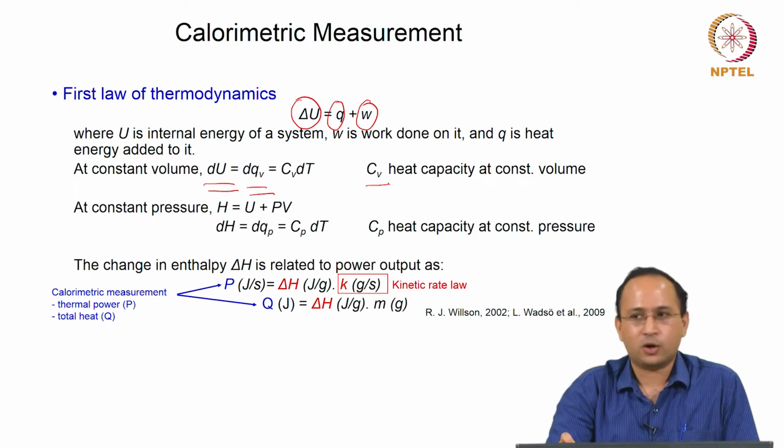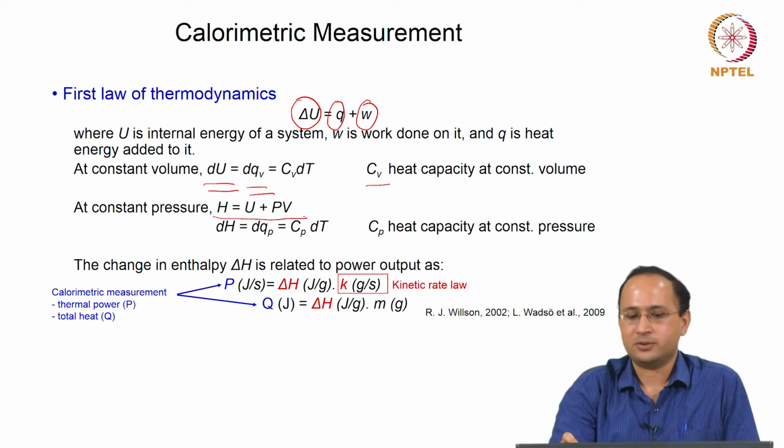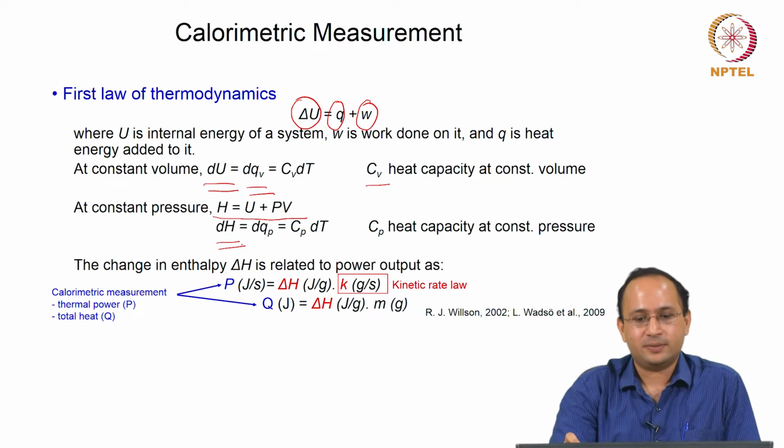Similarly, at constant pressure, enthalpy H is equal to U plus PV. Now the change in enthalpy, dH, can be related to the change in heat at constant pressure, which equals Cp dT.